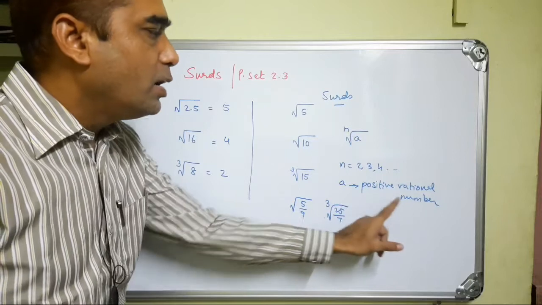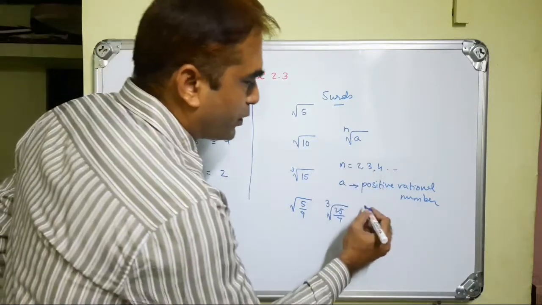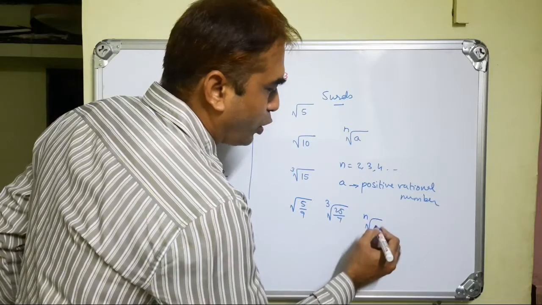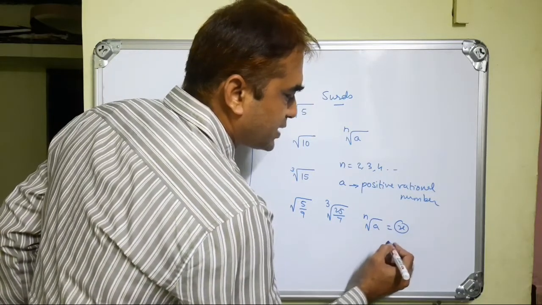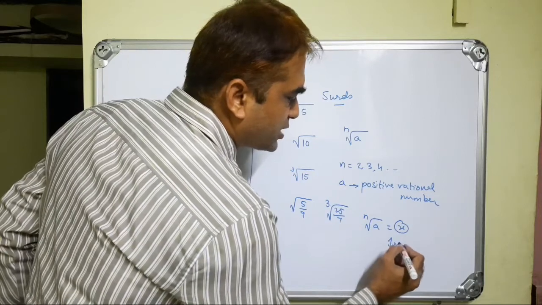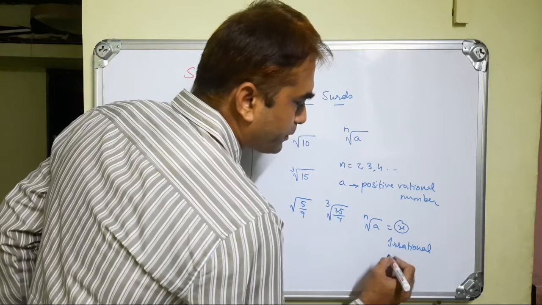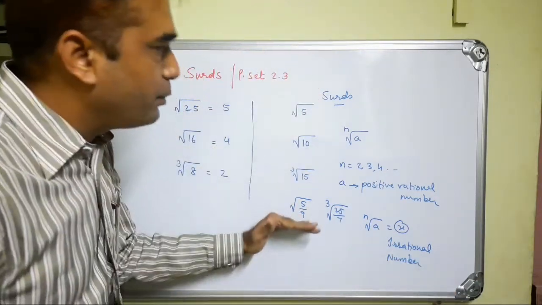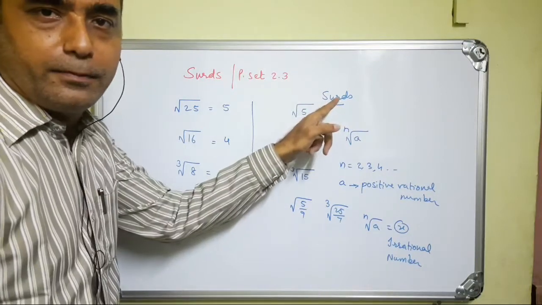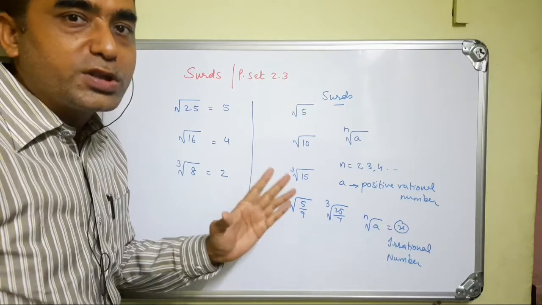So a is a positive rational number and the value of nth root of a, suppose this value is x. If x is an irrational number, then that number is called a surd. Now, what things do you have to remember?